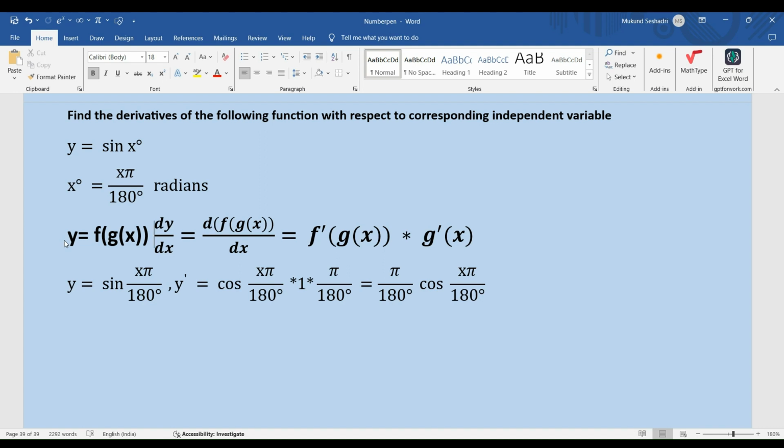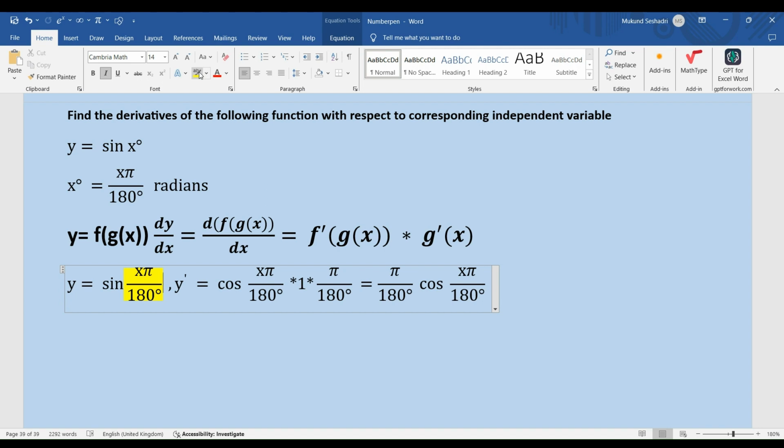So in this case, what is my g of x? My g of x is nothing but x pi by 180, right? So let me highlight it. So that is my g of x. So I did a differentiation of the function f with respect to g, which means with respect to x pi by 180 degrees. So that's my cos of x pi by 180.